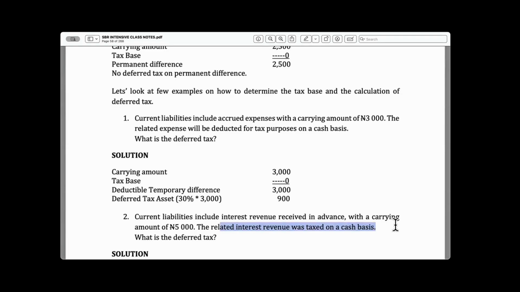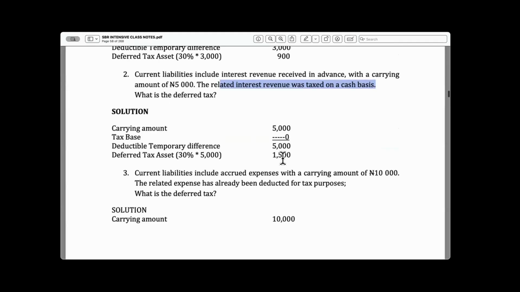So that means when you eventually put it in your books in the future, you will not tax it again. So it becomes a deductible temporary difference, right? Because you would not suffer tax in the future since you have suffered the tax now. And that's why we are having a deferred tax asset because it's deductible.